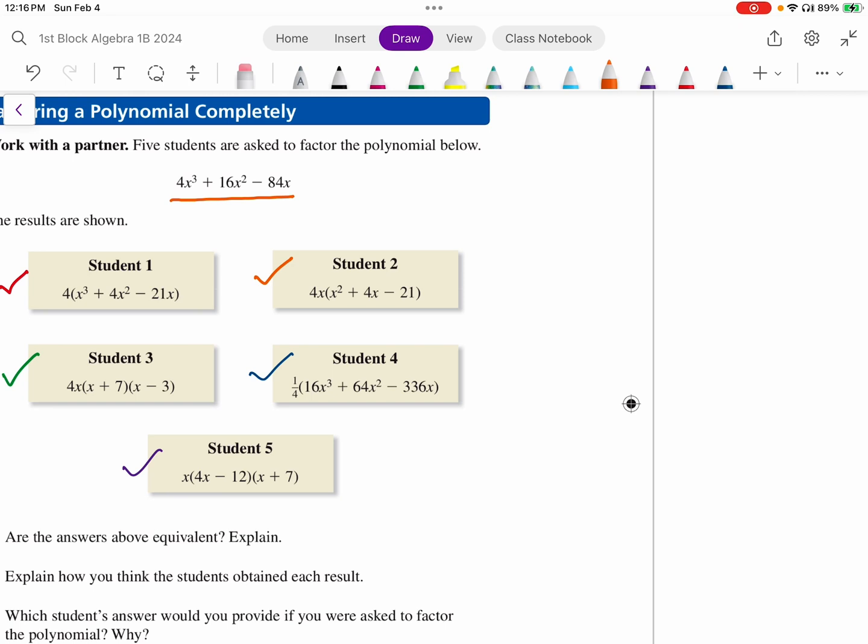So we're going to distribute whatever's outside the parentheses. And then if we have 2 binomials like student 3 and student 5, we will multiply those by distributing. So pause the video, off to the side, multiply what every one of these students factored and see if they are all equivalent. Pause now.